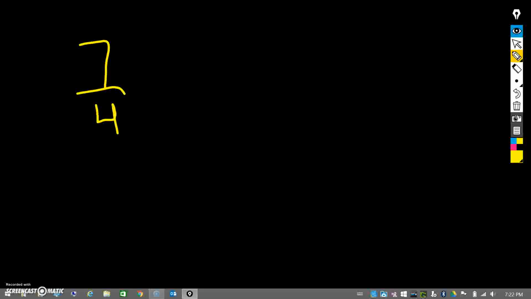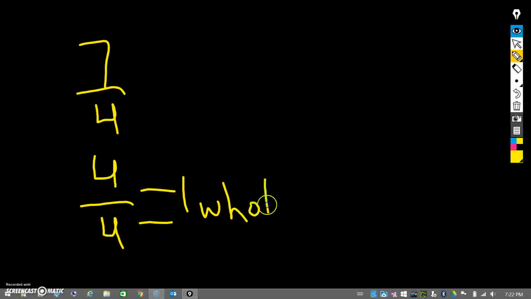And there's nothing really wrong with it. It's not mathematically wrong. It's just not written correctly. Because we know that 4 out of 4 is what? It's a whole. This equals one whole whatever. If we're talking brownies, cookies, pizzas, candy bars, shirts, whatever. If the number in the numerator is the same as the denominator, then it equals one whole.